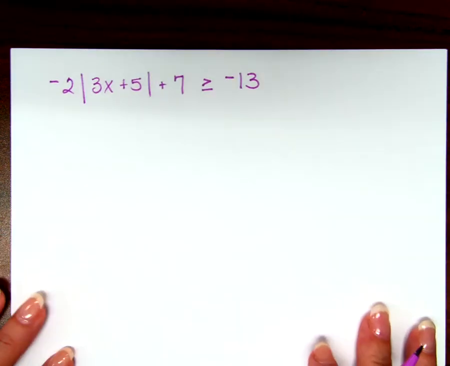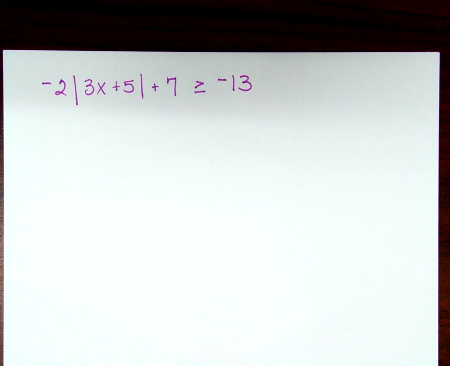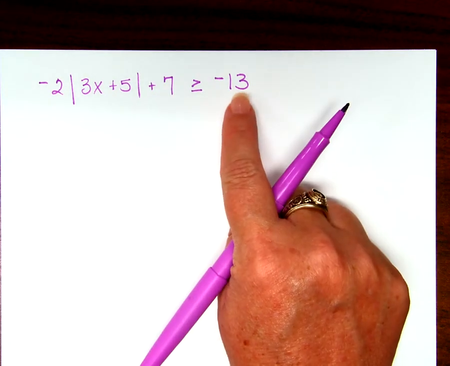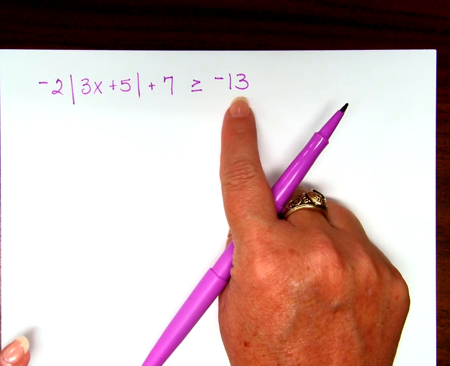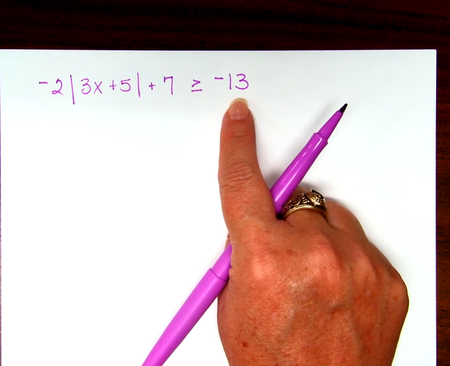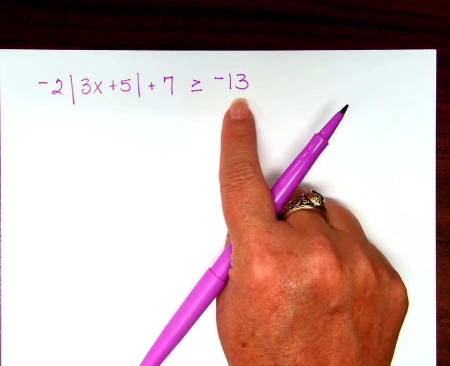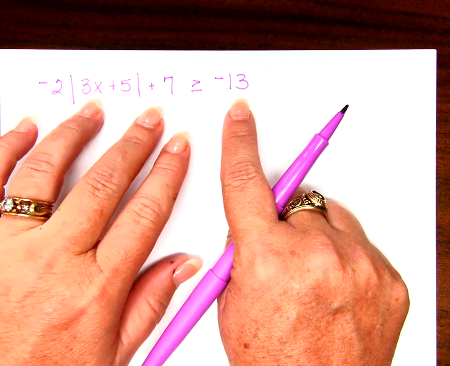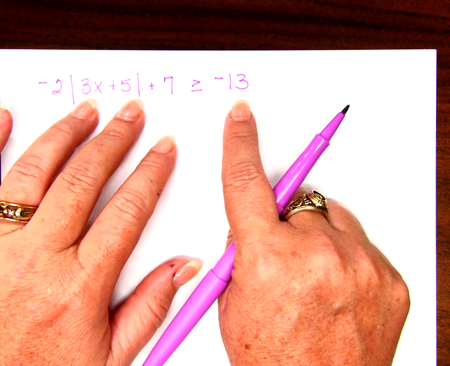Okay? Some things I want to show you before we just go willy-nilly into this. First of all, anytime there's a negative number on one side of the equal sign, that should get your spidey sense going. Okay? Now, not so much on this problem because I haven't isolated my absolute value yet, right?